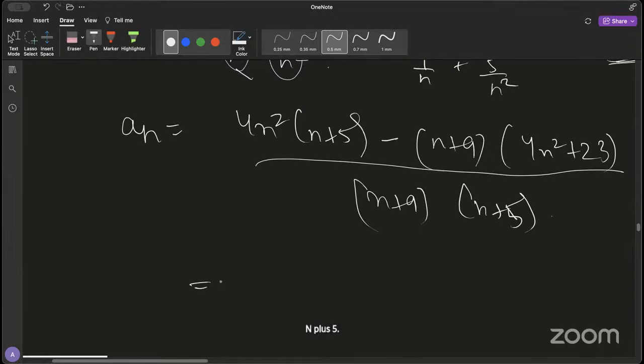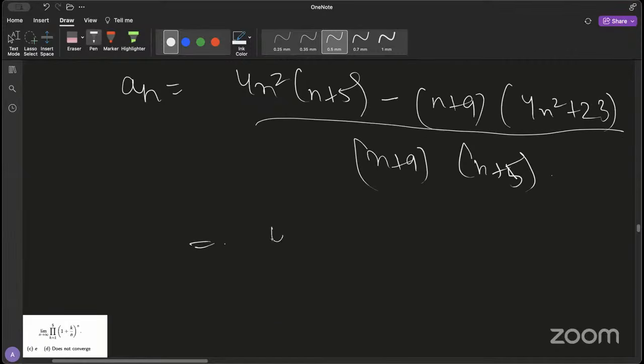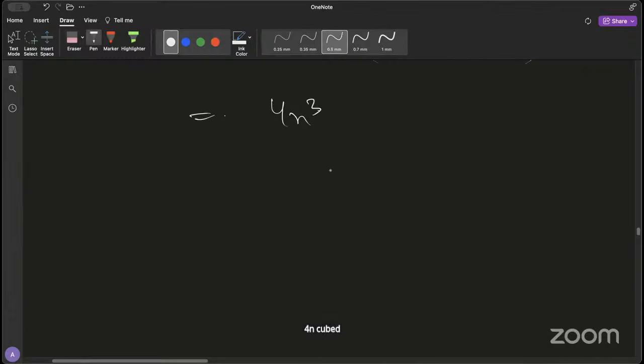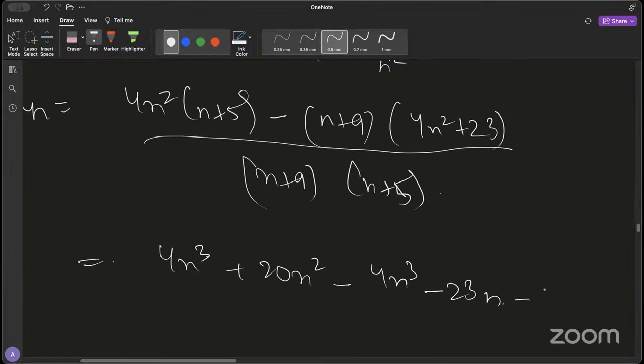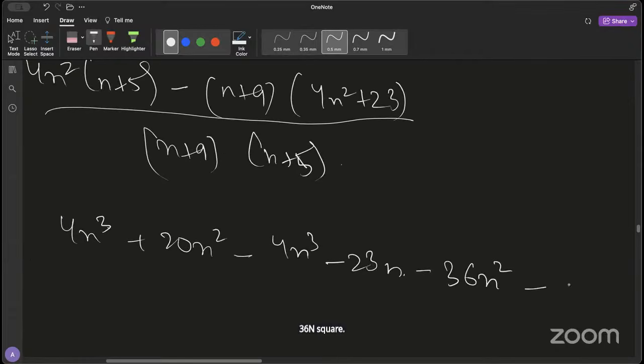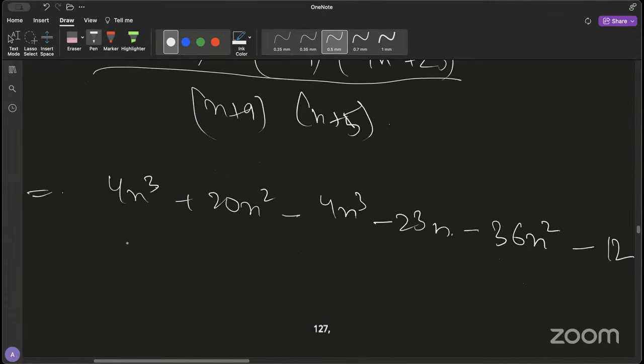So the simplification of this will be 4n cube plus 20n square minus 4n cube minus 23n, 36n square minus 127, right?